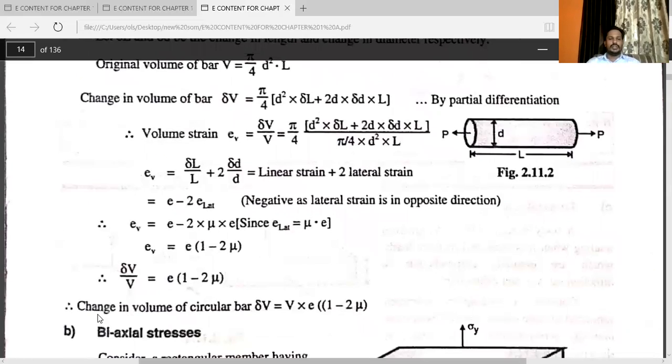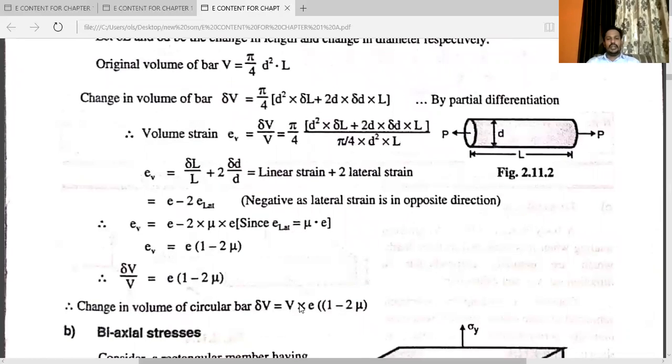So the change in volume of a circular bar, delta V, is equal to V into E in bracket 1 minus 2 mu. That is for the uniaxial condition.